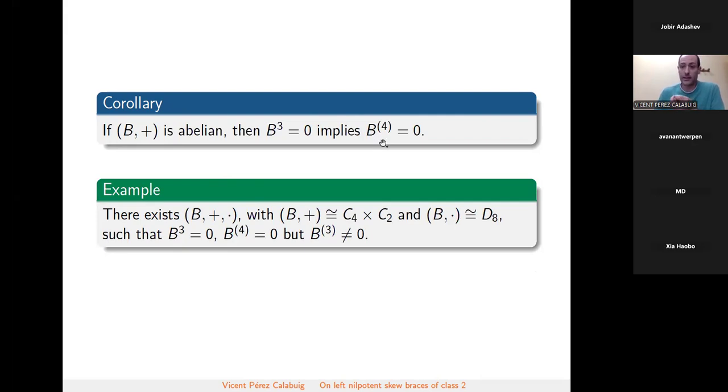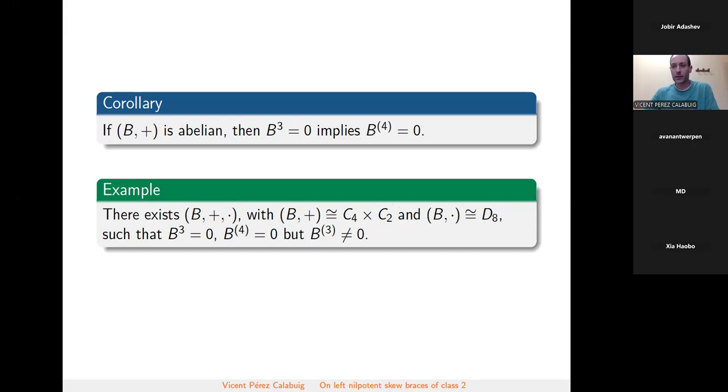And in this case, this upper bound for the right nilpotency class is effective because we can also construct a brace of order 8, whose additive group is abelian, of course, and it is left nilpotent of class 2 and right nilpotent of class 3.